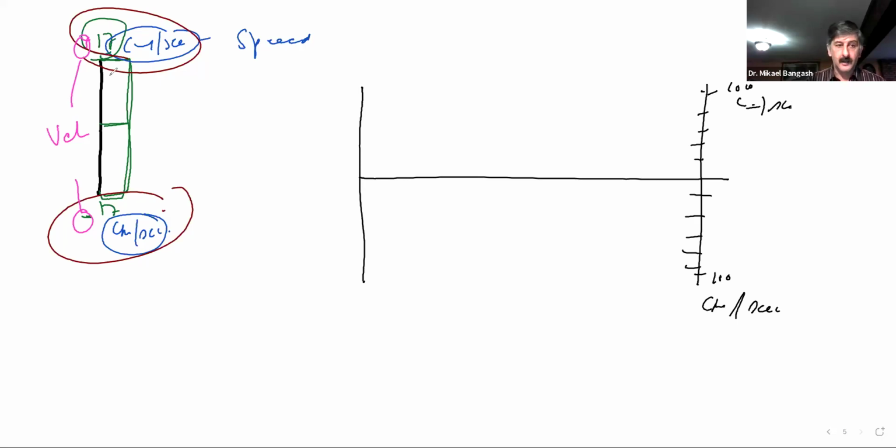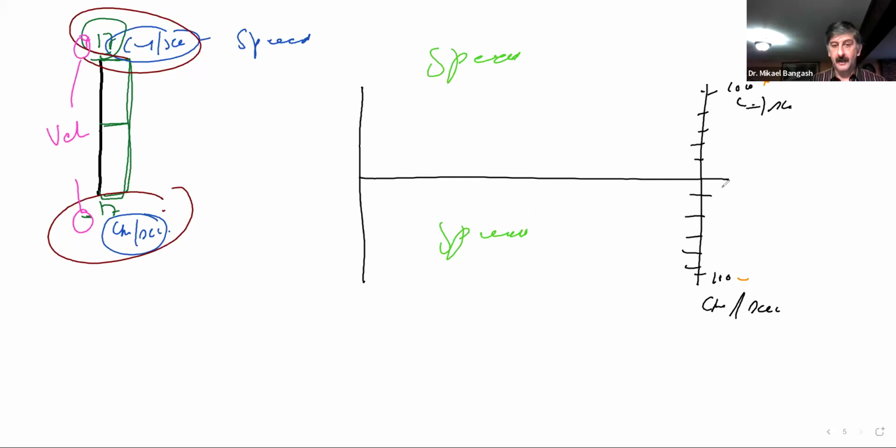So what this color map or this spectral Doppler was telling us was the speed or velocity, all dependent upon whether we were negative or positive.